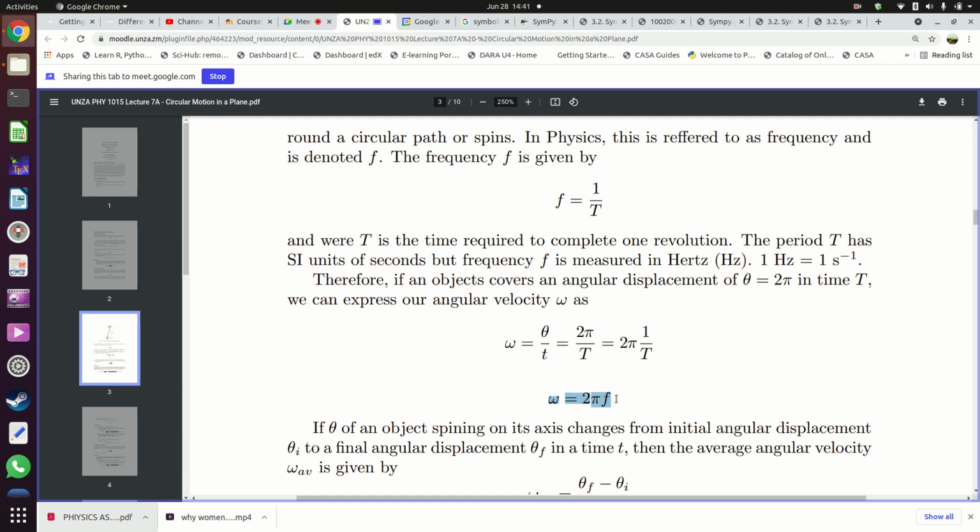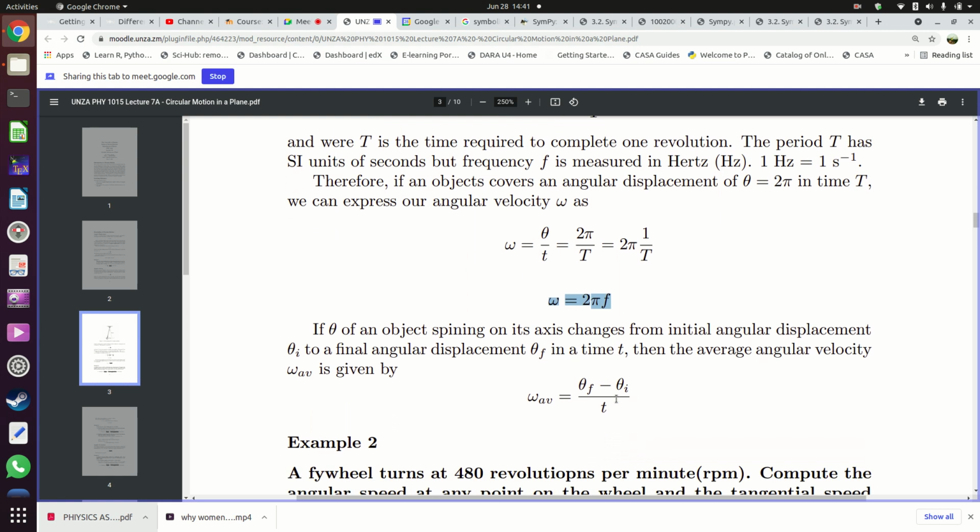Yes. Okay. There is another way of working out something called average angular velocity. Remember what time is in physics. Time is an amount of time when something is happening, the duration when something is happening.